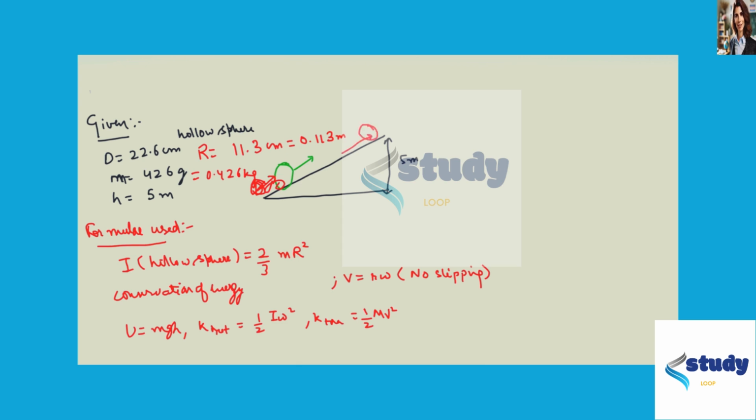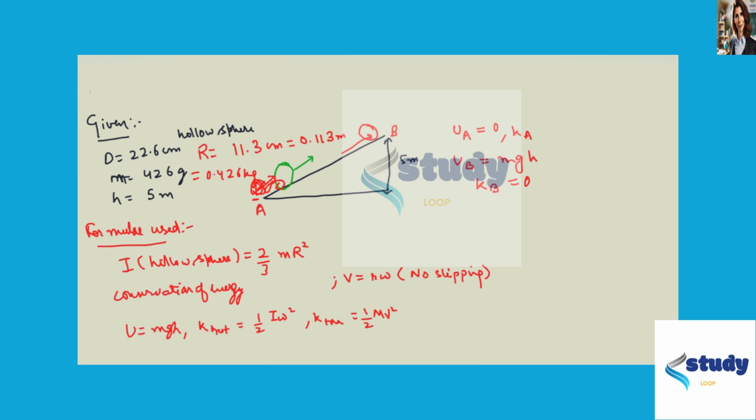At the beginning we gave it rotational kinetic energy, and it goes up till 5 meters height. Let's say this is point A and this is point B. Initially, the potential energy at A is 0 because the height is 0, and the kinetic energy is K_A. At point B, U_B is equal to mgh, and the kinetic energy at B is 0, because it reaches here and there is no velocity at this point.